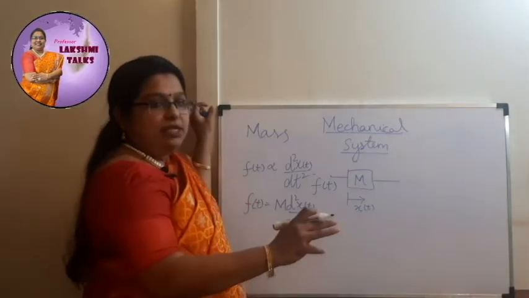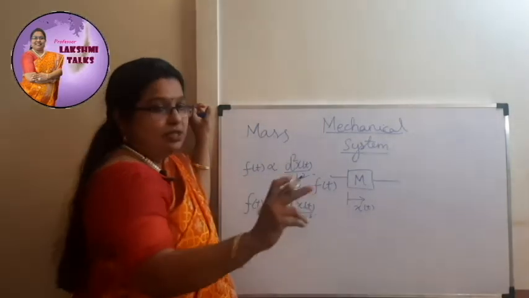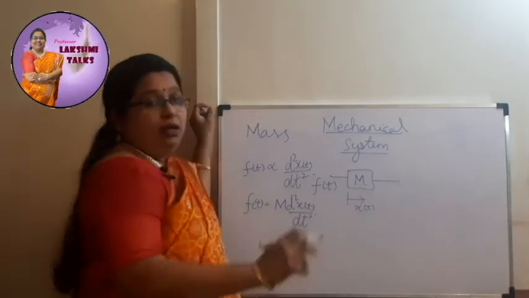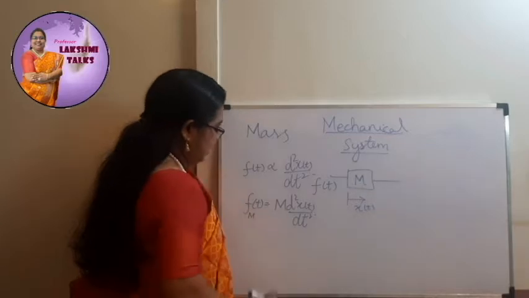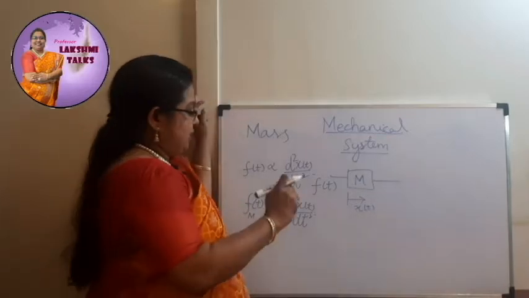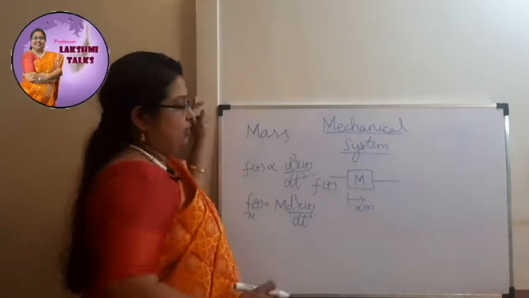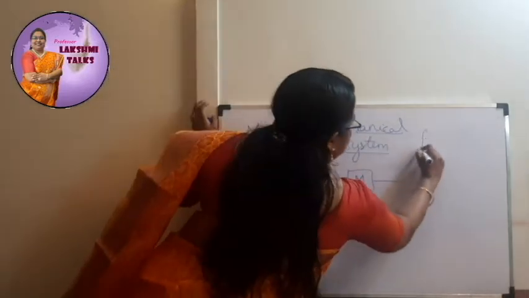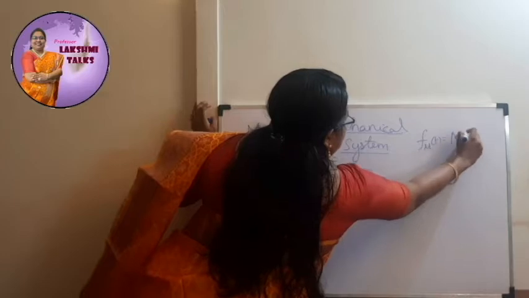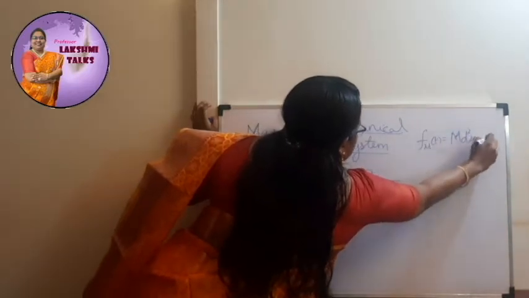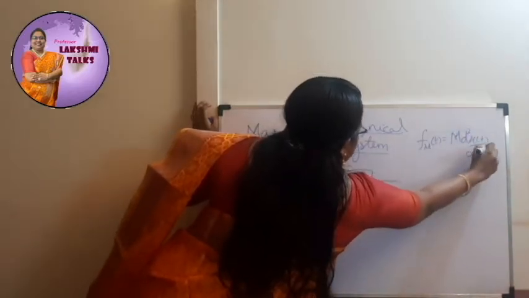So x of t is the displacement, dx by dt is the velocity, and d square x by dt square is the acceleration. Let us write the suffix m, which says that it is for the mass. So Fm of t is equal to m d square x of t by dt square.